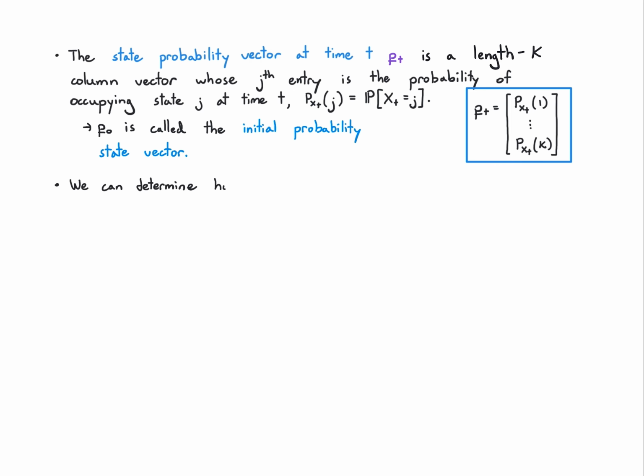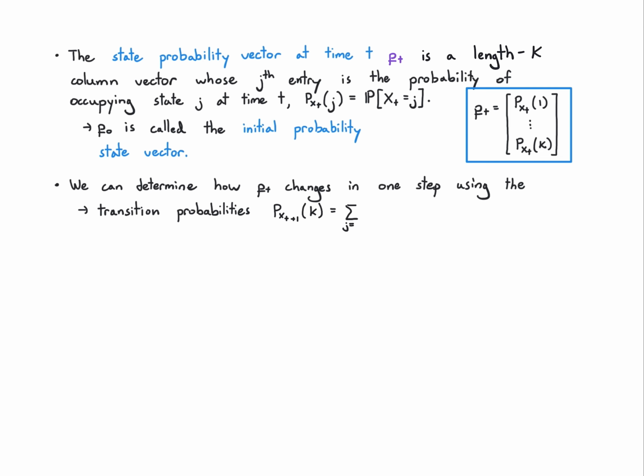What we can do is determine how p_t changes in one time step using the transition probabilities. So I can use this update rule for jumping one time step. I just multiply by the P_jk, or the transition probability matrix. And this is an easier way to see what's going on. To jump one time step, I multiply by P transpose.